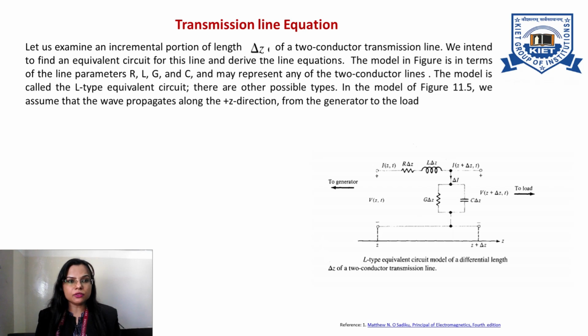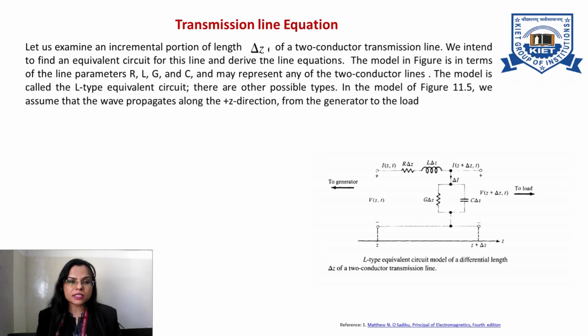We intend to find an equivalent circuit for this line and derive the line equations. The model in the figure is in terms of the line parameters R, L, G and C and may represent any of the 2 conductor lines.